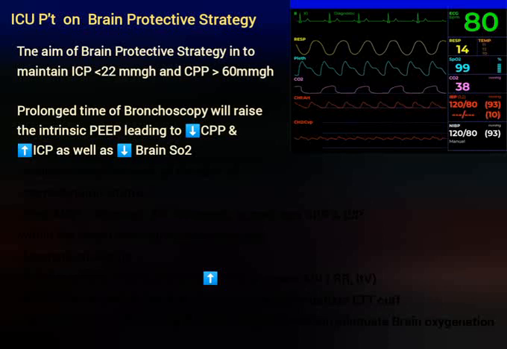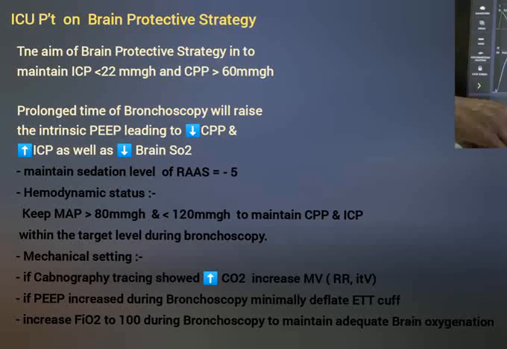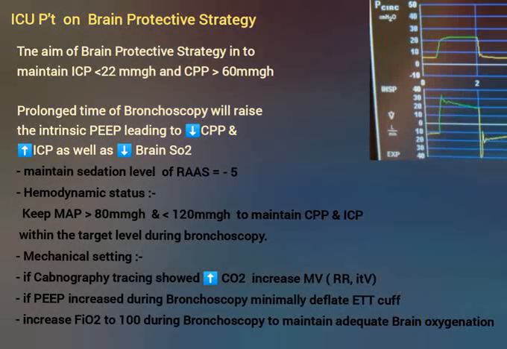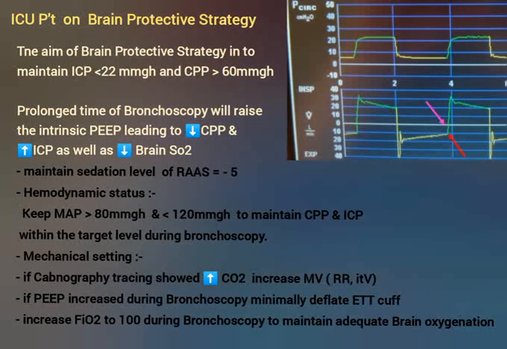On the mechanical ventilator setting, if capnography tracing shows elevated carbon dioxide, increase minute ventilation, that is respiratory rate and inhaled tidal volume, to maintain carbon dioxide level between 35 and 40 mm mercury. If PEEP increases during bronchoscopy, minimally deflate the endotracheal tube cuff. Avoid refractory increase in intracranial pressure. Also increase the FiO2 up to 100 during bronchoscopy to maintain adequate brain oxygenation.